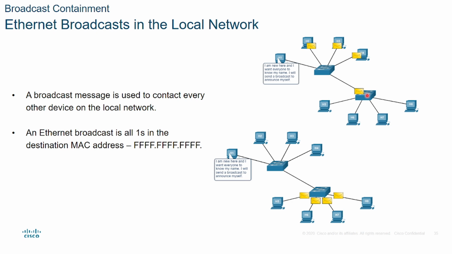An Ethernet broadcast is all ones in the destination MAC address, so this is FFFF. Here the new host says, I'm new here and I want everyone to know my name, so I will send a broadcast to announce myself.